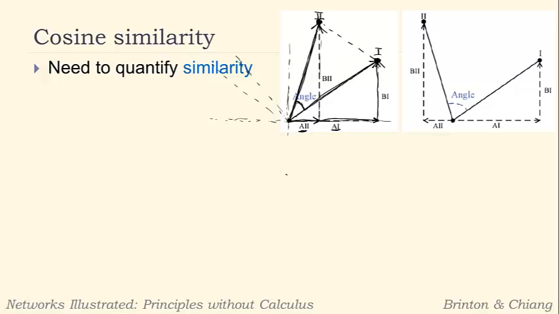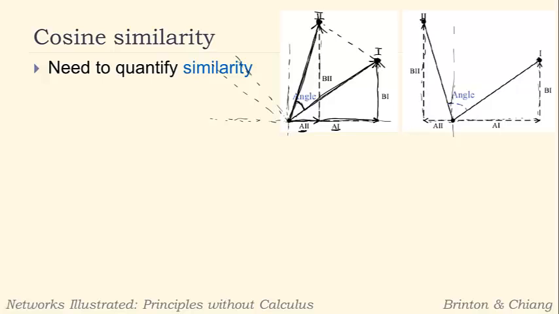Now, here's another example. We're keeping movie 1 over here and moving movie 2 over here. Now user A had a positive response to movie 1 and a negative response to movie 2. User B had a positive response to movie 1 and also a positive response to movie 2.